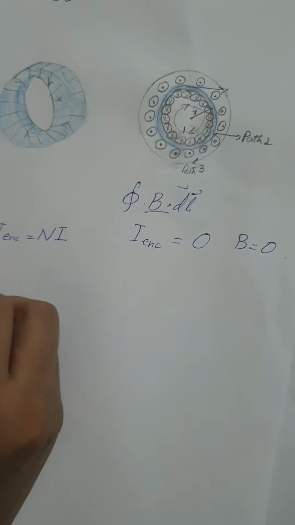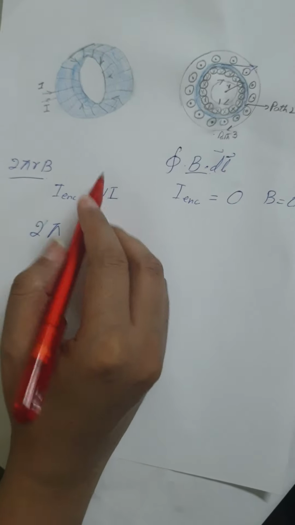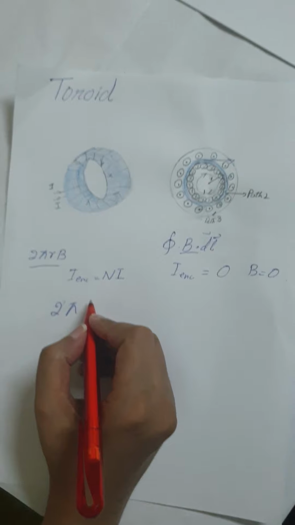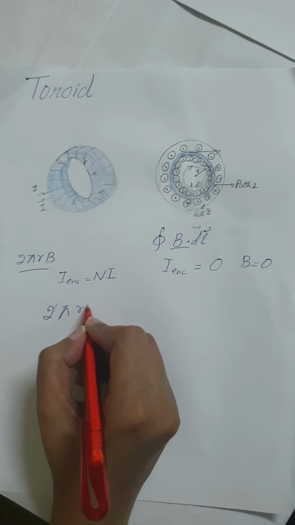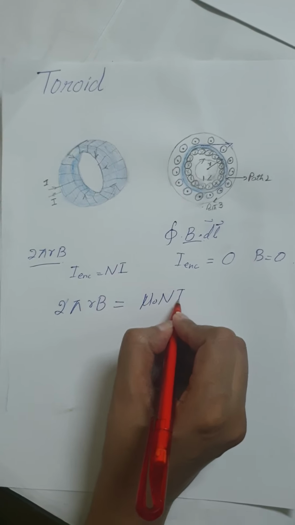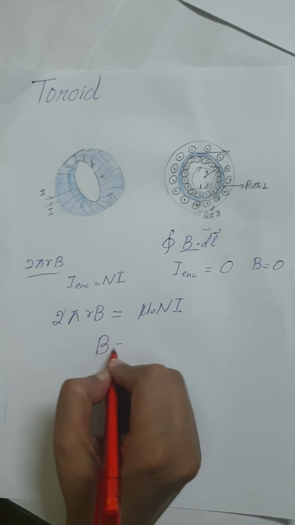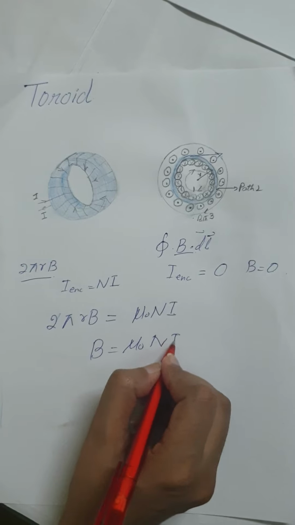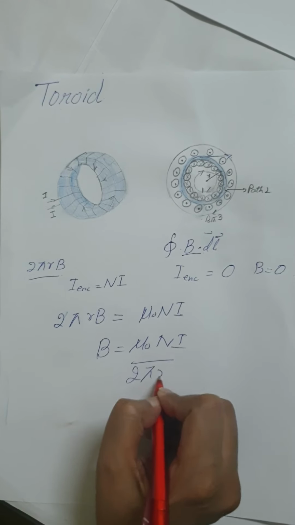So here, by using Ampere's law, the integral of B dot dl is equal to mu naught I enclosed, we get mu naught N I, and B is equal to mu naught N I over 2 pi r.